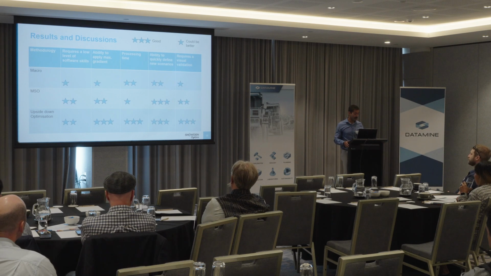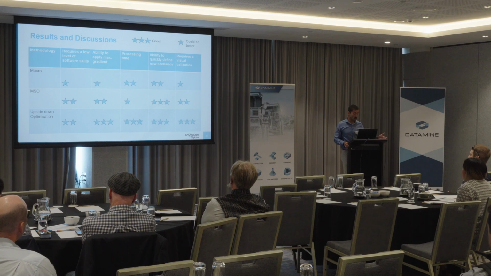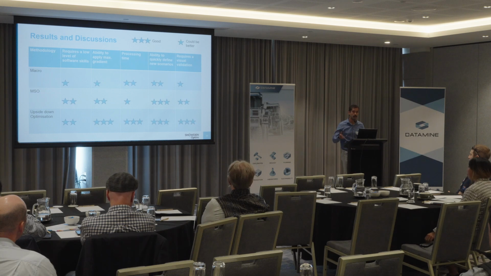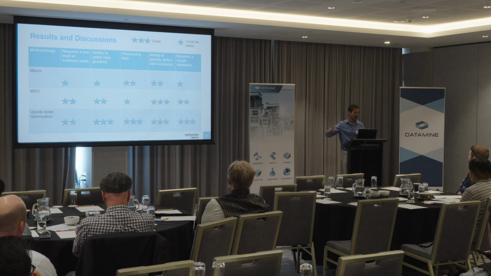In terms of processing times, the MSO takes longer and the optimization is quicker. For the ability to generate scenarios, the MSO and the optimization have an interface. You can just tweak and change the parameters and rerun. It's fast. And the visual validation. When you run the macro, you need to check if there is any exception, maybe in the calculation that I showed, the P1 plus the P2 and so on.